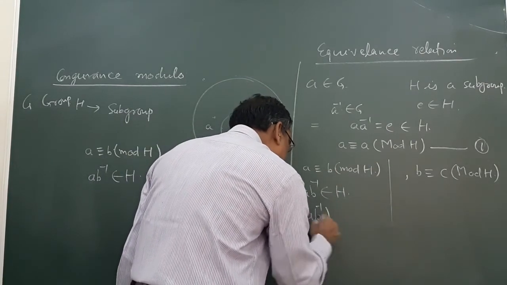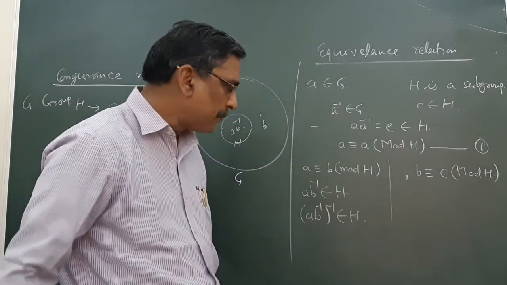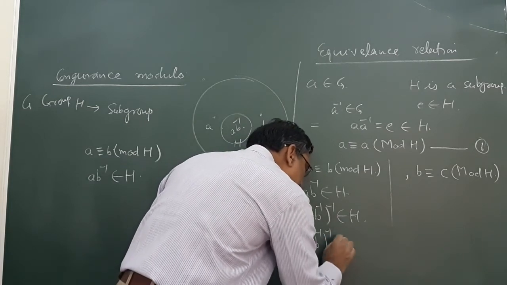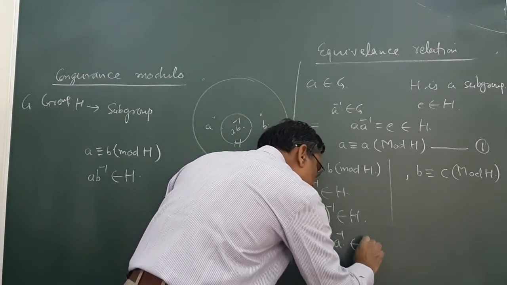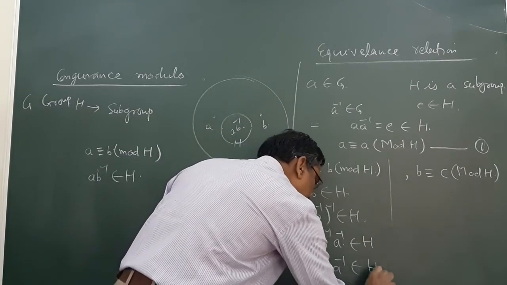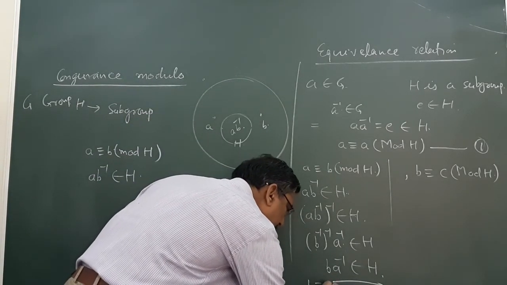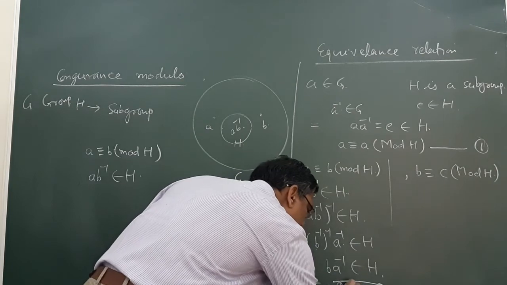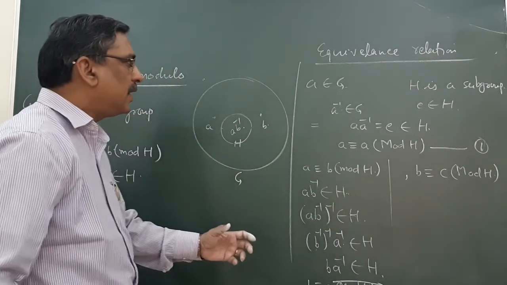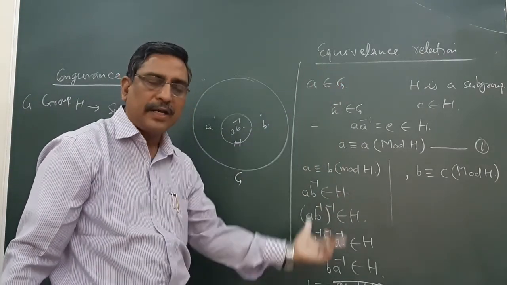Therefore, the inverse of AB inverse also belongs to H. So BA inverse belongs to H. It shows us that B is also congruent to A under mod H. Thus the relation of congruence is symmetric also.